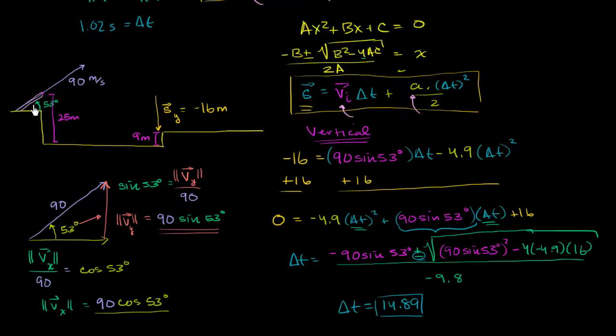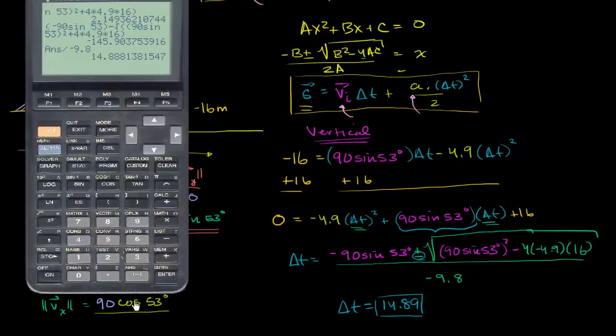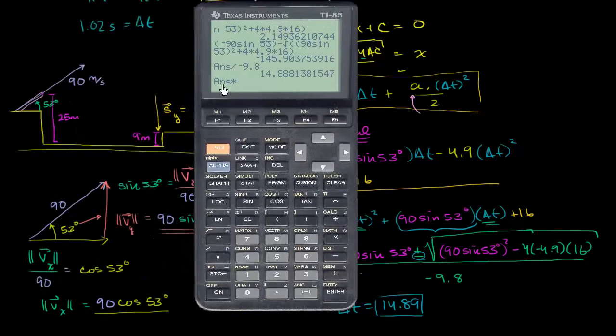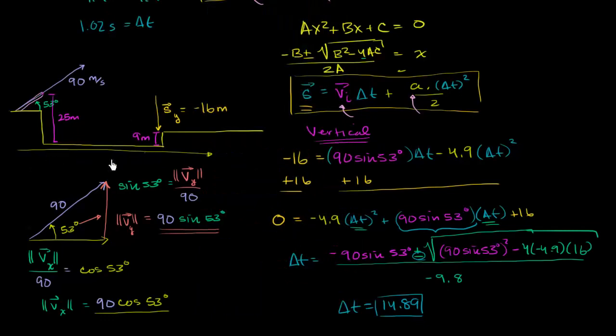So if you want to figure out how far along the x-axis we get displaced, we just take this time times this value right here, 90 cosine of 53 degrees. And that gives 806 meters. So this displacement right over here is 806 meters.